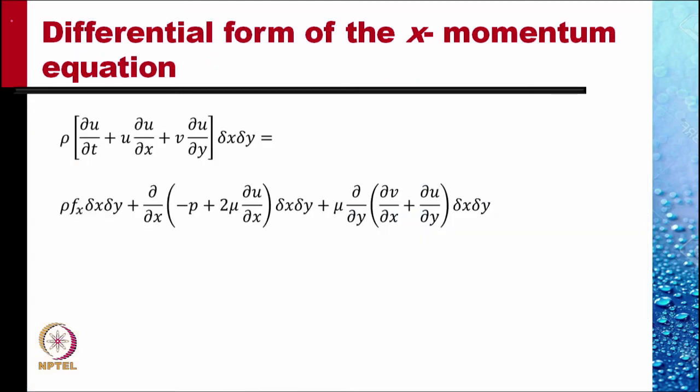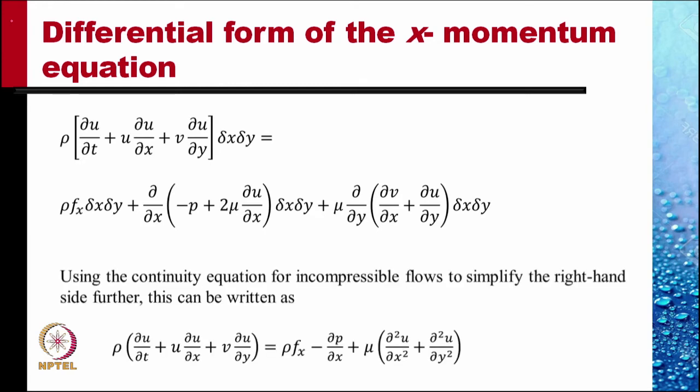Putting them all together, the net rate of change of momentum, which is the accumulation plus the efflux term, is equal to the net force. And if we use the continuity equation for the incompressible flow to simplify the right hand side further, this can be written simply as rho times del u by del t plus u del u by del x plus v del u by del y.